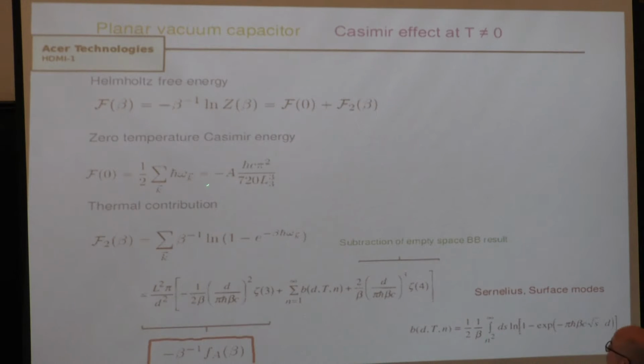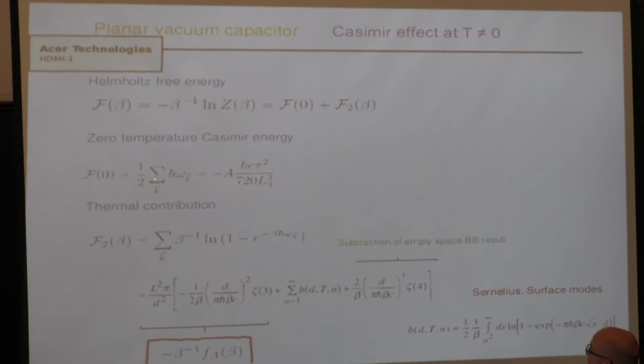Exactly like you have to subtract the contribution of empty space to get a non-trivial answer here from this point of view. So this is the contribution that you get from the scalar, and this is the contribution that you get from the other two polarizations at K3 different from 0, and after subtracting the result for empty space.